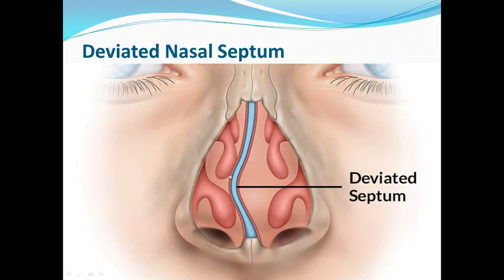So this deviated nasal septum will cause frequent infections and frequent irritation to the nasal mucosa on the side to which it is deviated. Here you can see the concha, which are in close contact with the nasal septum, making the passage very narrow.